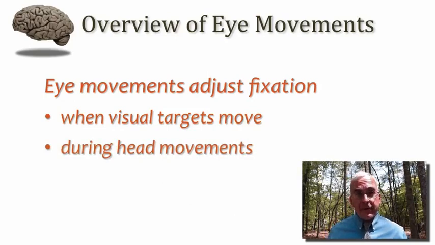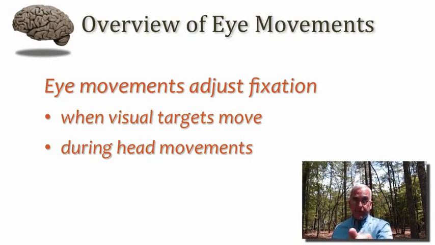And eye movements help to adjust fixation when our head is moving. So this is sort of the complementary scenario where we want to focus on a stationary object, let's say, and our head is moving, or maybe our entire body is moving. And so we want to make minute adjustments in order to maintain fixation so that central 1 to 2 degrees or so of visual angle continues to project on that part of the retina that's most sensitive for high visual acuity.